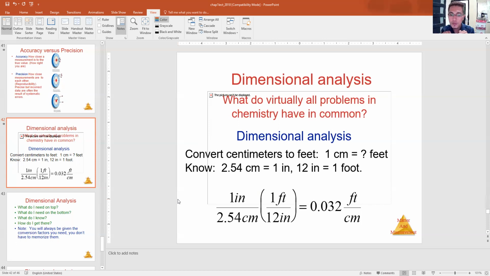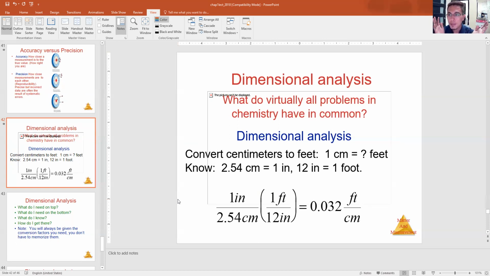For every 2.54 centimeters we have 1 inch, so our numerator is 1 inch, and the centimeters cancel. Then we look for 1 inch, and our aim is feet. We know that for every 12 inches we have 1 foot. So foot is the unit we derived.